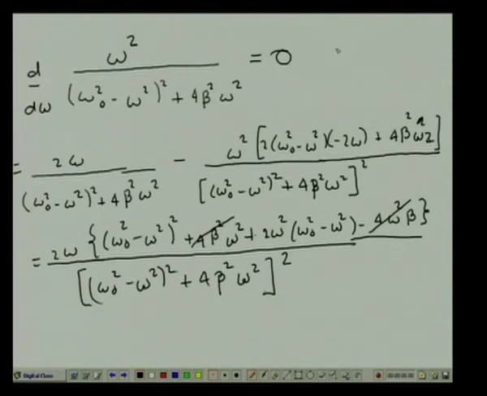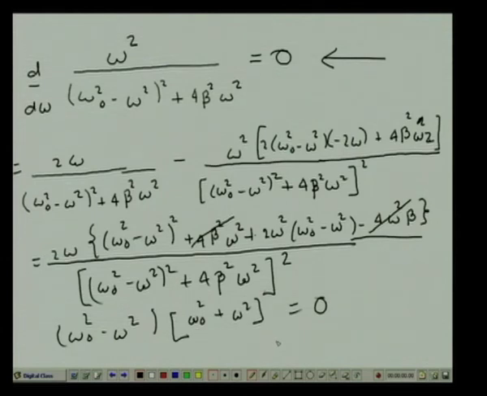So, effectively if I want a solution to this, I should satisfy the condition that omega naught square minus omega square, I have taken it common from both of these terms, and the first term still gives me another factor of omega naught square minus omega square, and this gives me a factor of 2 omega square. So, when I add this to this, what I get is omega naught square plus omega square, this should be equal to 0, and the only possible solution is when omega is equal to omega naught.